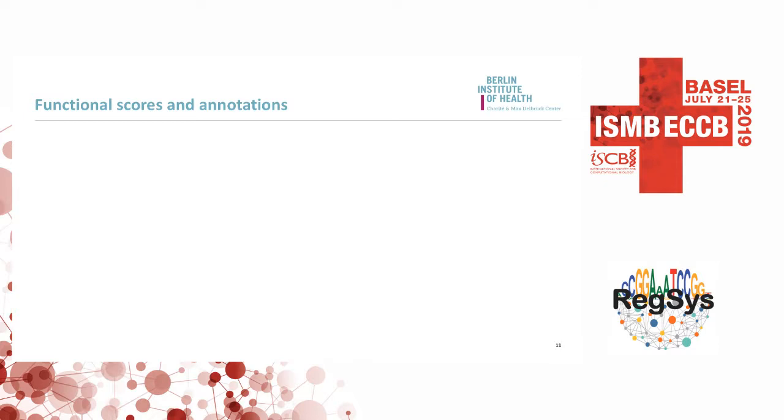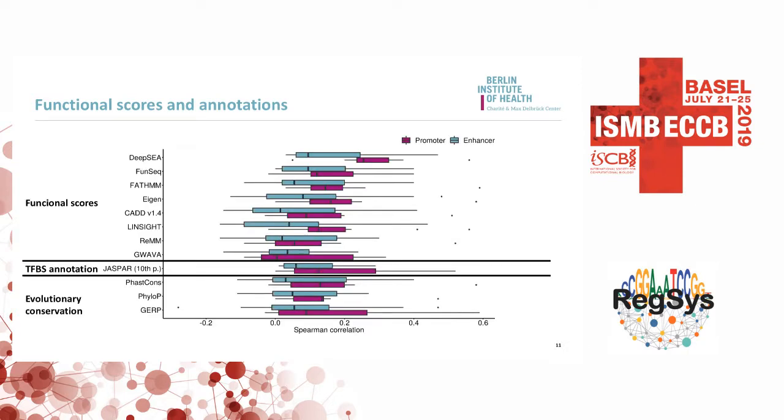For my last part, I want to talk a bit more about functional scores. There are a lot of scores out there to predict also non-coding variants. There's conservation you can use, of course, and there are transcription factor motifs, and how well do they predict our 20 regulatory elements. We looked into a lot of functional scores and I'll just show you a few of them.